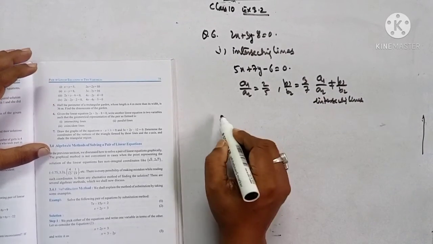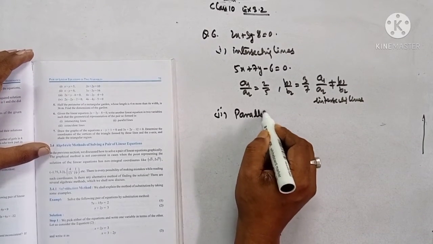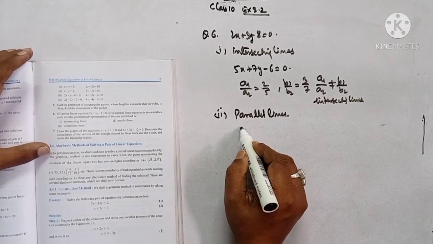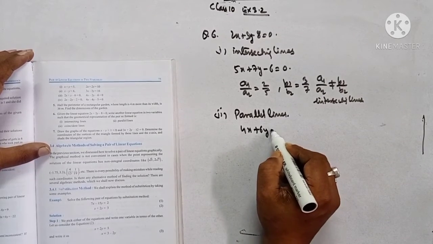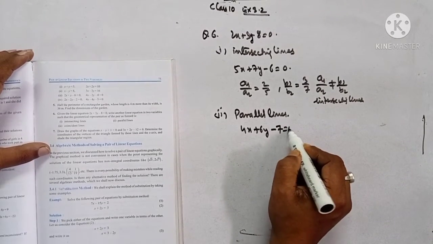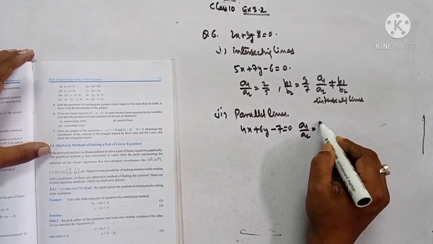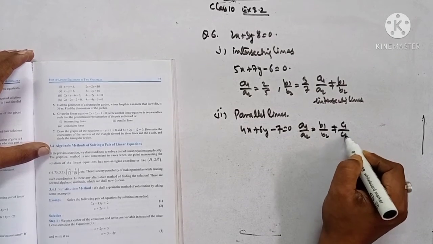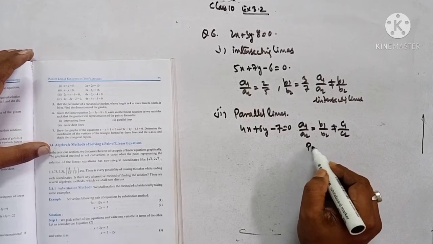Now again for parallel lines, you make twice this, 4x plus 6y minus 7 equal to 0. Here again you see a1 by a2 is equal to b1 by b2 and not equal to c1 by c2. So there is no solution, so they are parallel lines.